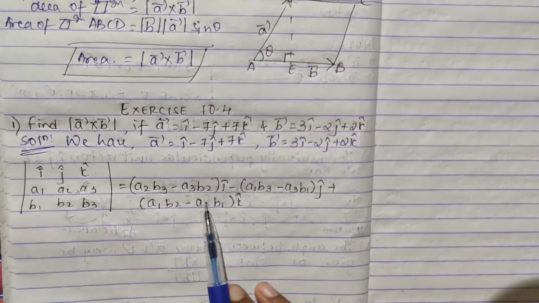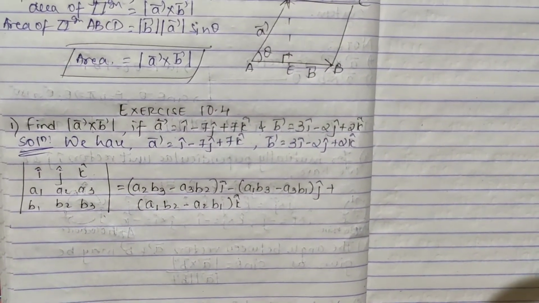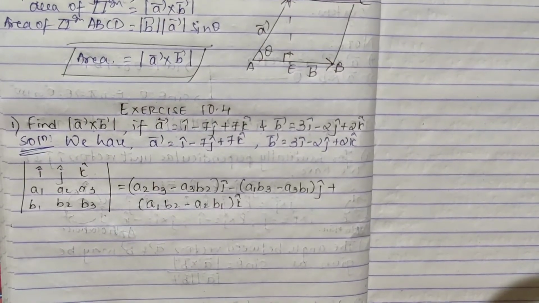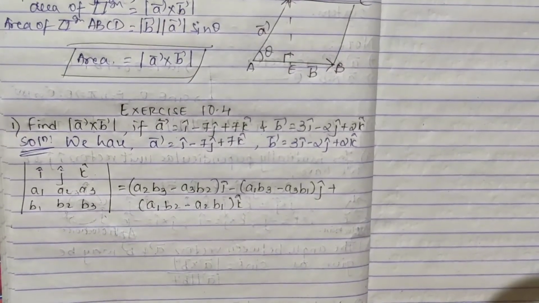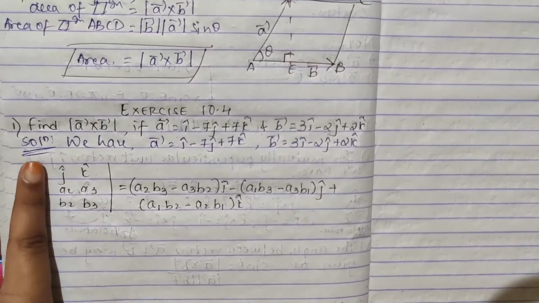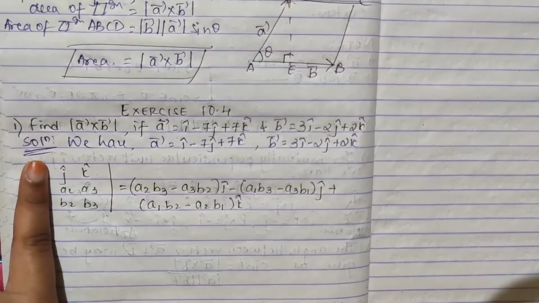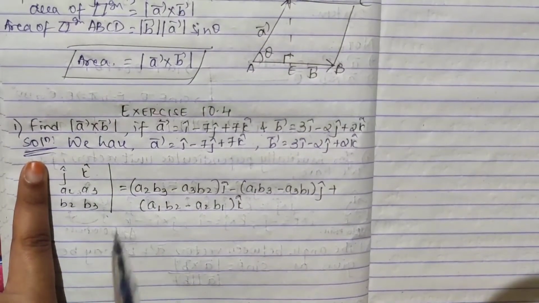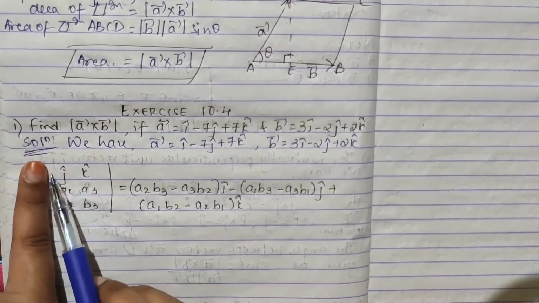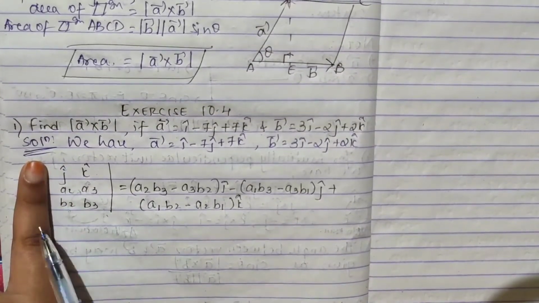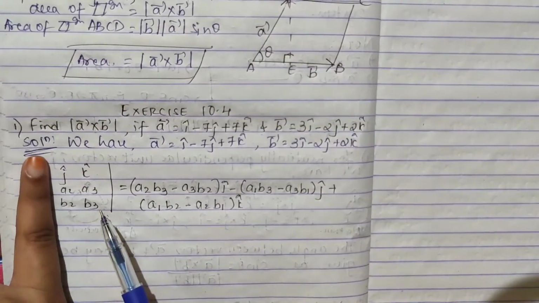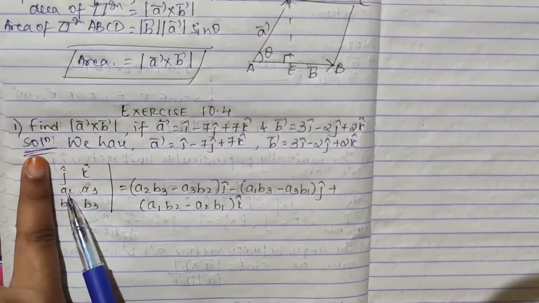If you can't remember this, then there is one more method to find it out. For I cap, just place your hand like this. Leave your j and k, because you're finding for I, j, k. So just cover that whole row of I cap. You'll be left with A2, B3.